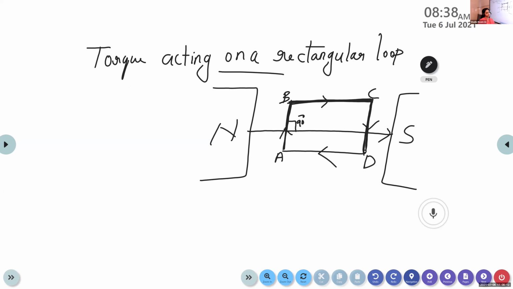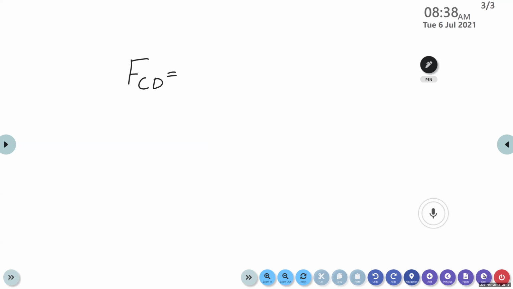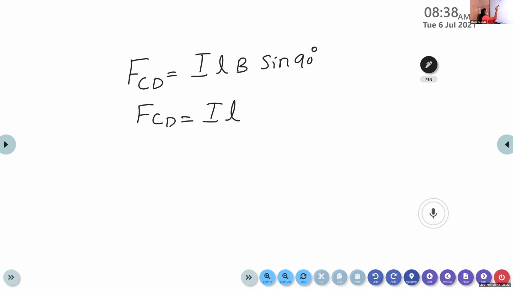What is the angle between them? 90 degrees. Okay. So here FCD is equal to ILB sine 90. We know that sine 90 degrees is equal to 1. So FCD is equal to ILB.